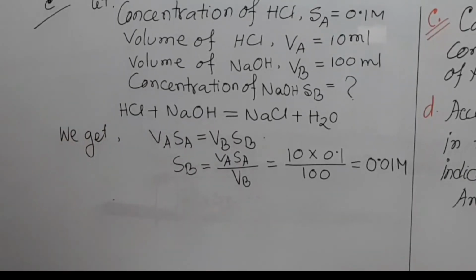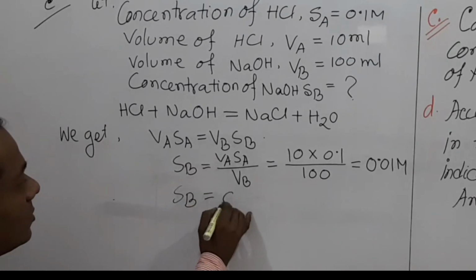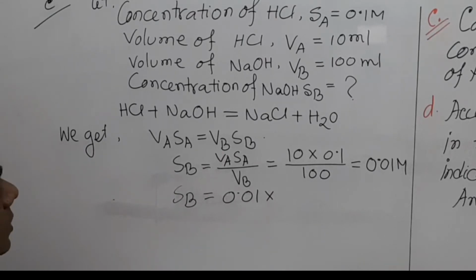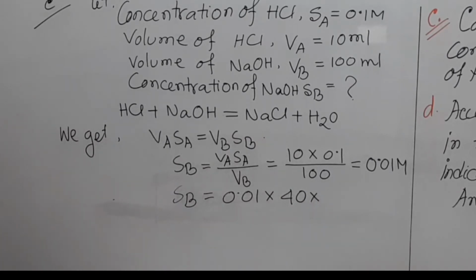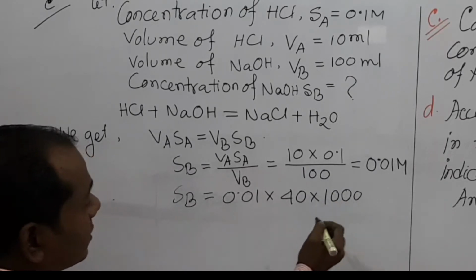Now, my dear students, we have to calculate this molar concentration in ppm unit. Now, to convert molar solution into ppm unit, we have to multiply the molecular mass of the compound and 1000. SB equal to 0.01 into molecular mass of sodium hydroxide, that is 40, and we multiply here 1000.